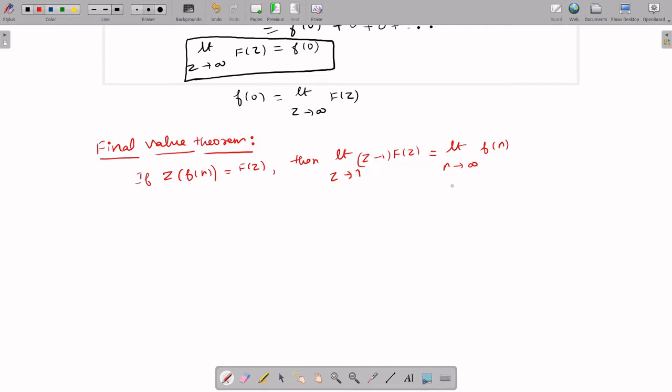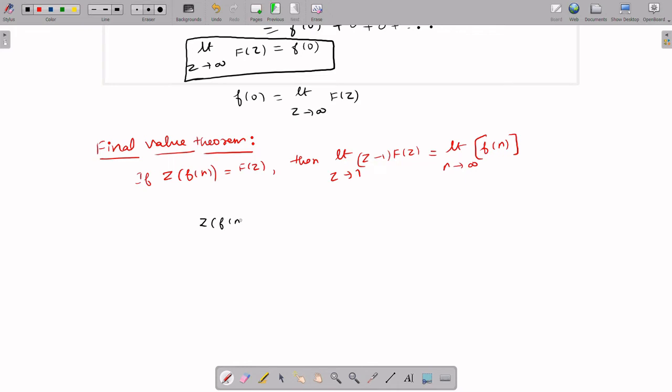Okay, so here this is the term we have. We prove this result. In the same way, we are taking the limit term z minus 1 value, and from the definition we will prove this result. So first we write the Z transform of f of n.